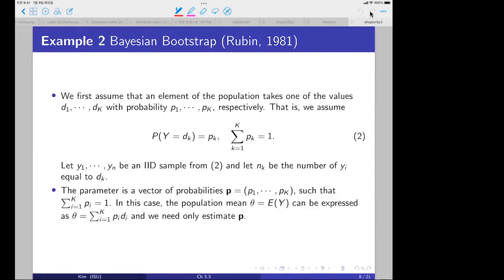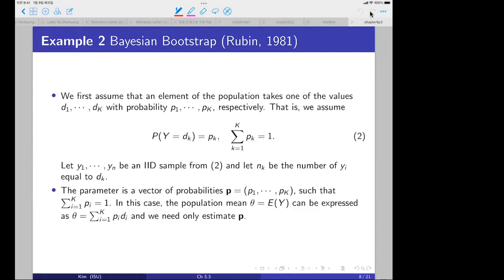This is essentially a Dirichlet type distribution, a multinomial distribution. The novelty is that we treat y as given.